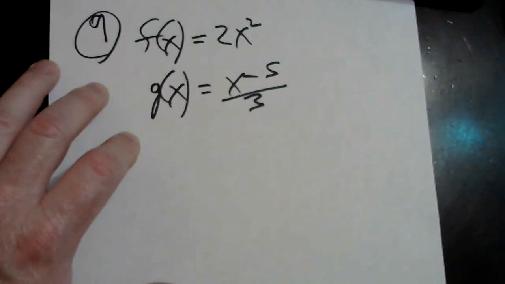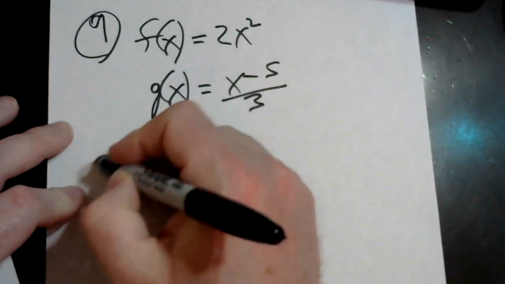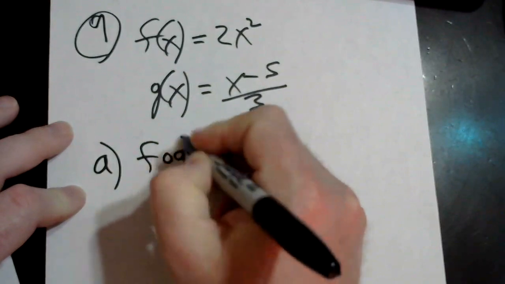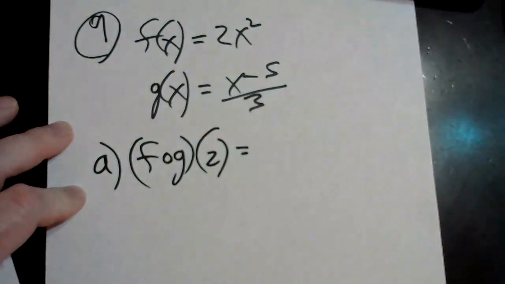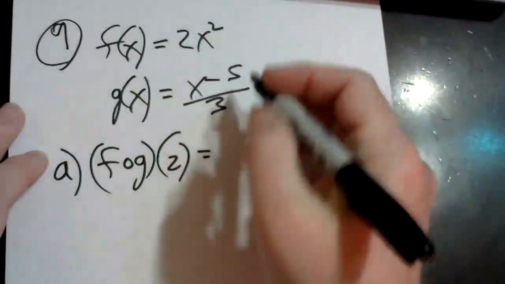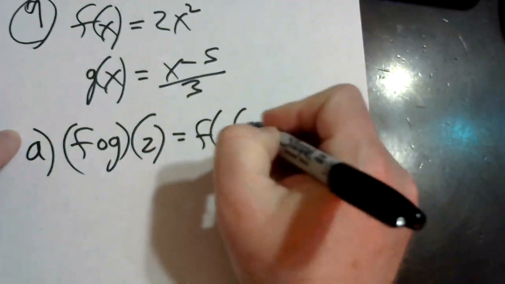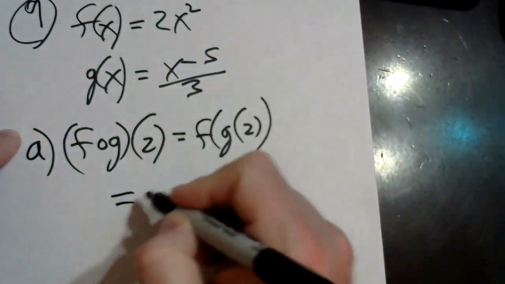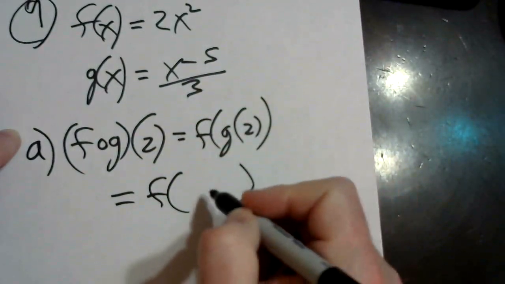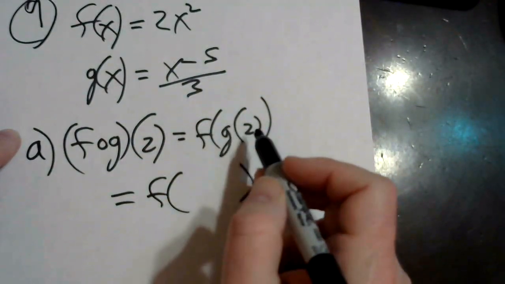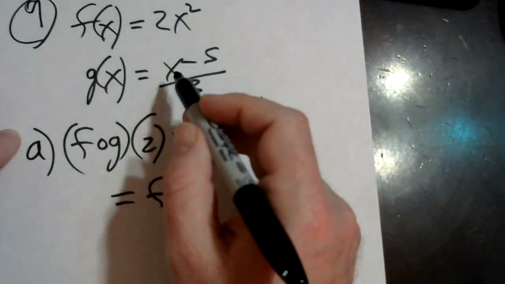And the first part is f of g of 2. But fortunately, you could pretty much do this the exact same way that we just did the other ones. By definition, that's f of g of 2 without the open circle. And always do the one on the right first. Do the g of 2 first. So all that means is plug in 2 right there where you see that x.